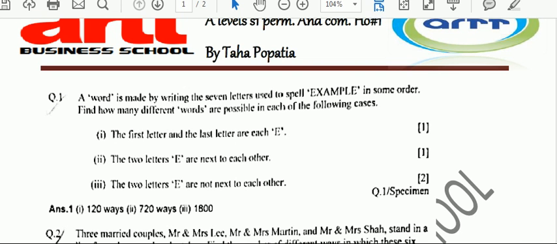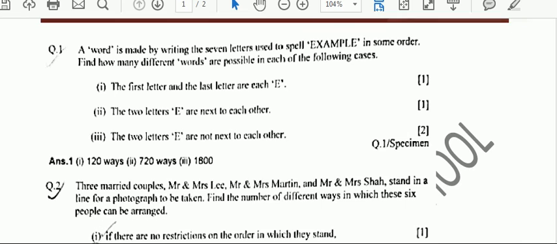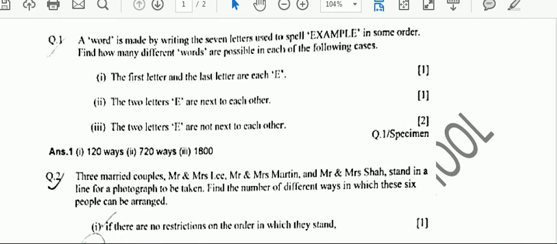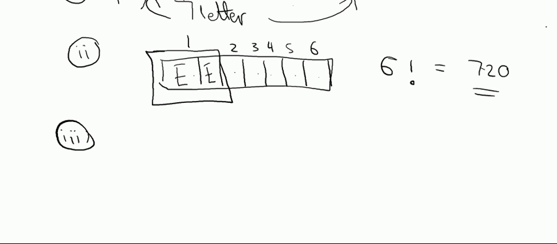The third part says that two letters E are not next to each other. Now what we can do here is calculate the total possible arrangements.